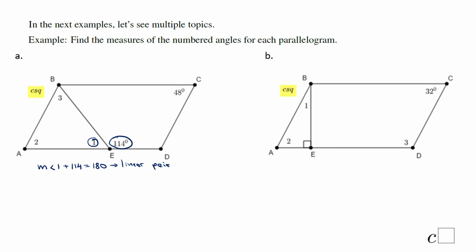So measure of angle 1 will be nothing else than 180 minus 114, and that will be 66 degrees.